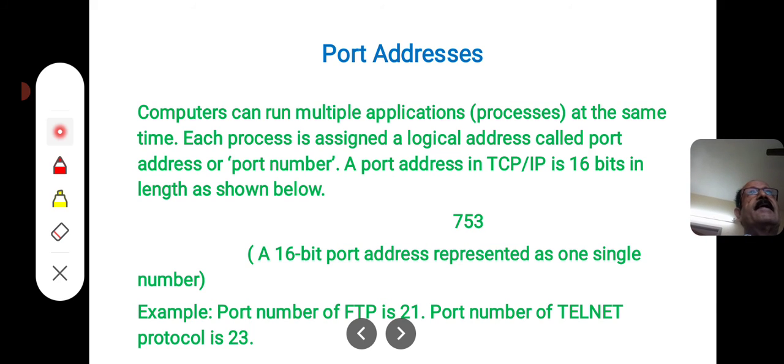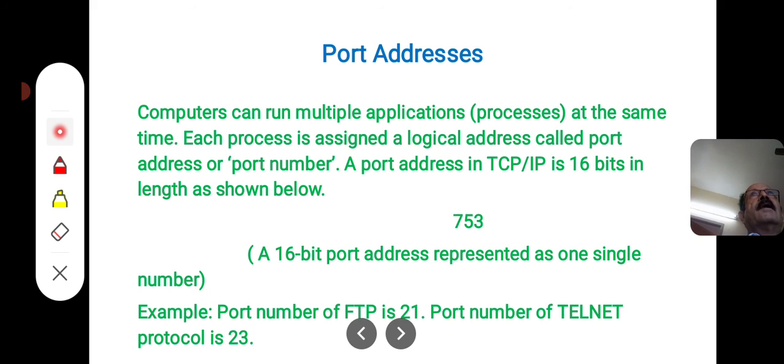That is, process to process data transfer. Process means application program. So each process is identified by a 16-bit label in TCP/IP called port number or port address.